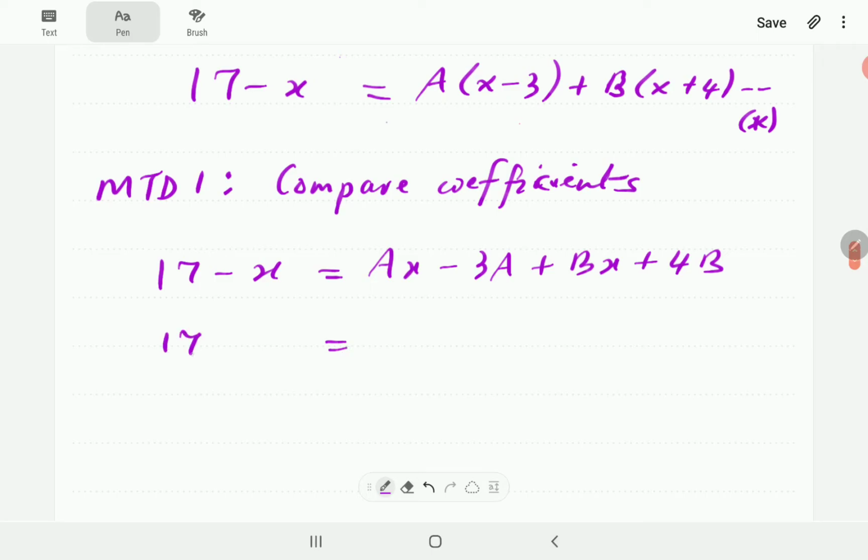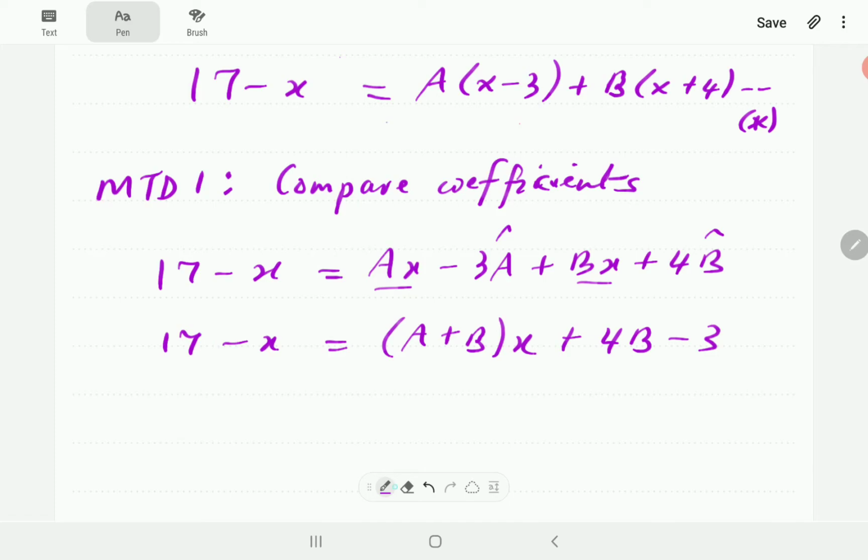Then we are going to rearrange this in terms of powers of x. We've got ax and bx here, so we're going to group that into a plus b times x. Then the constant terms are going to be 4b minus 3a, so that's these two here.